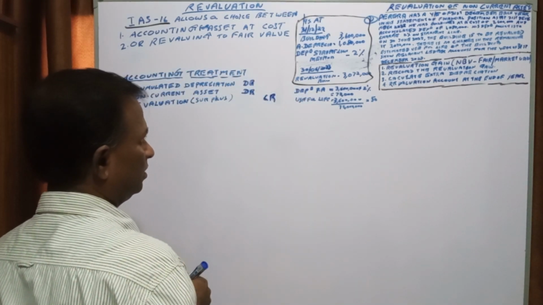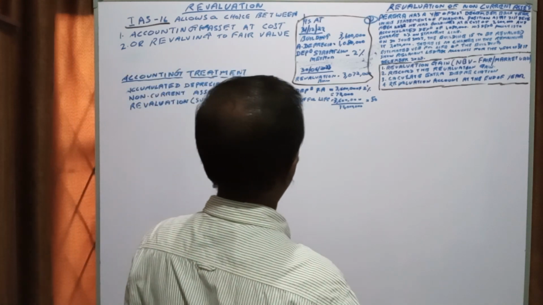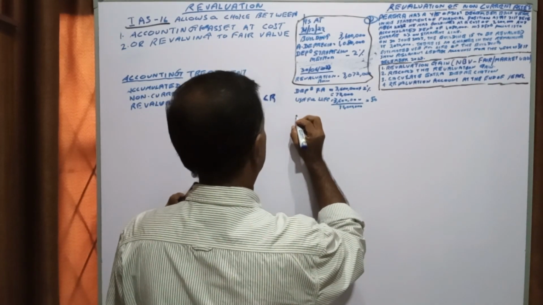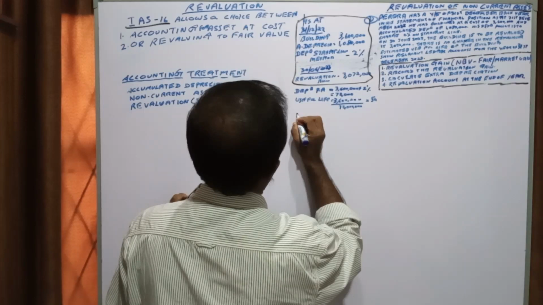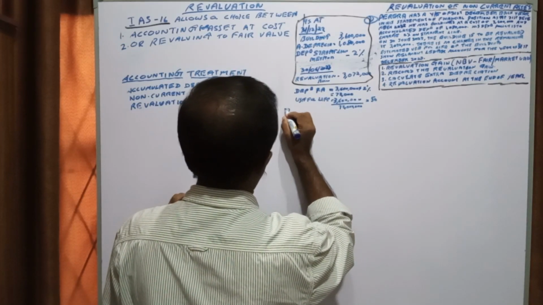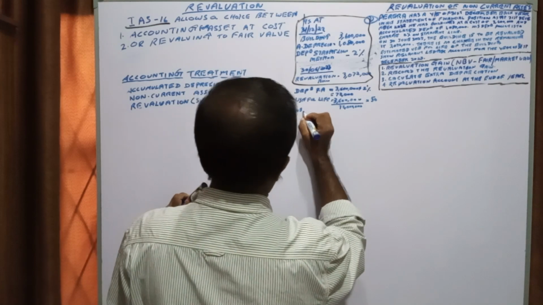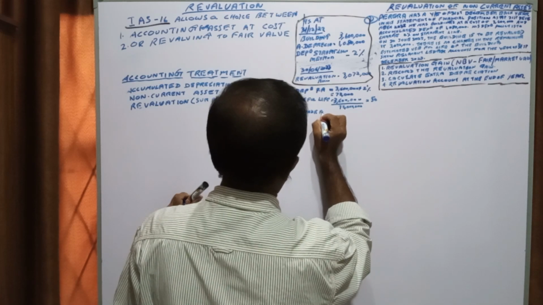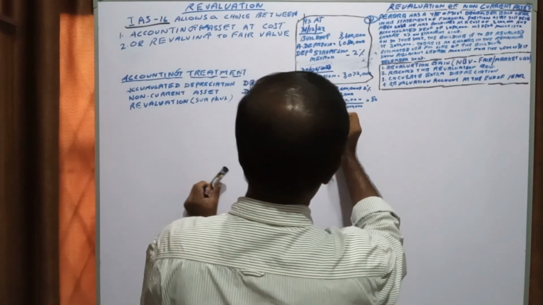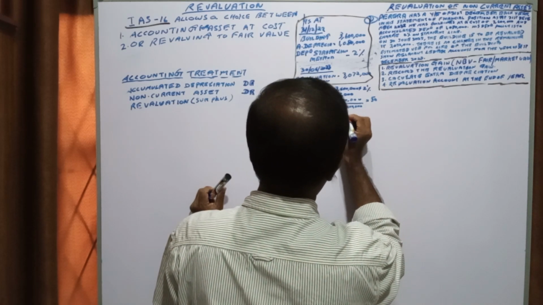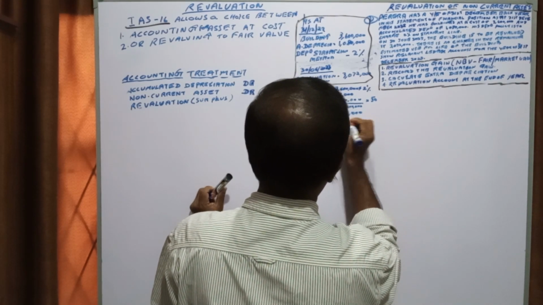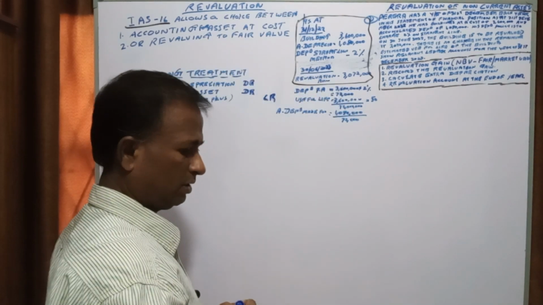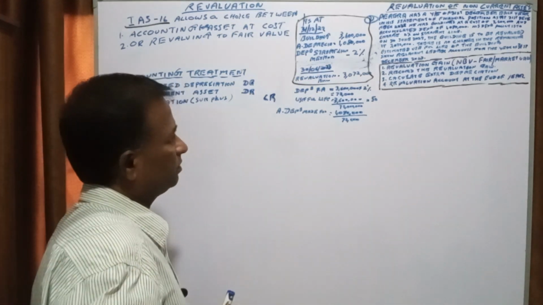Now again, depreciation made for. Accumulated depreciation made for, that means 1,080,000 divided by 72,000. For that we have to calculate it.